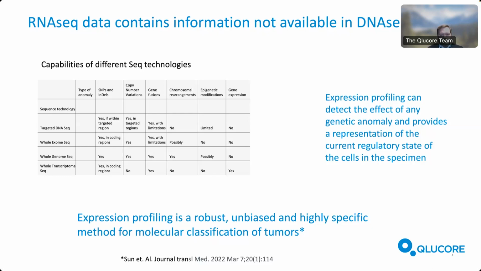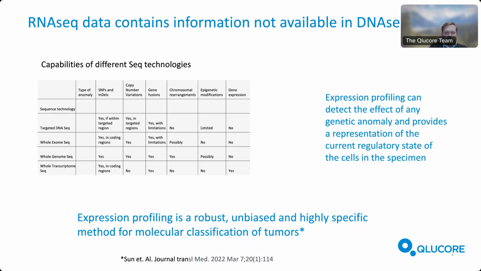And as we go down the table, we notice that we go from targeted DNA to whole exome sequencing and to whole genome sequencing, and the capabilities increase. And when we get to whole genome sequencing, it is virtually omnipotent. So it detects more or less anything with the exception of gene expression.